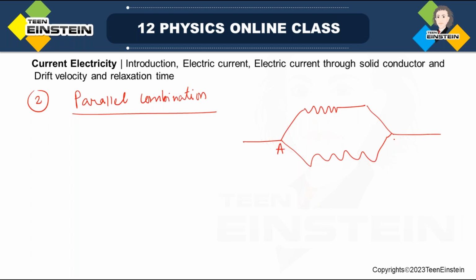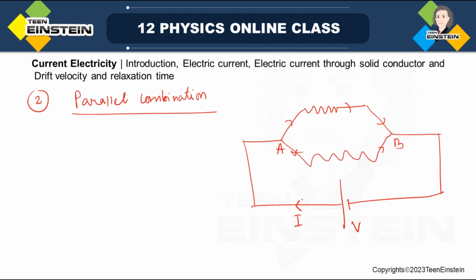Suppose this is point A, this is point B, and they are connected to a battery. Current is flowing from A to B like this. Suppose current I is flowing out from the battery.